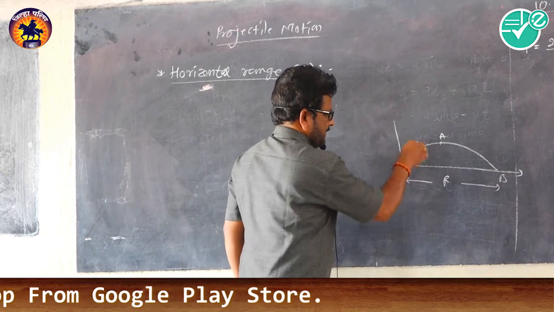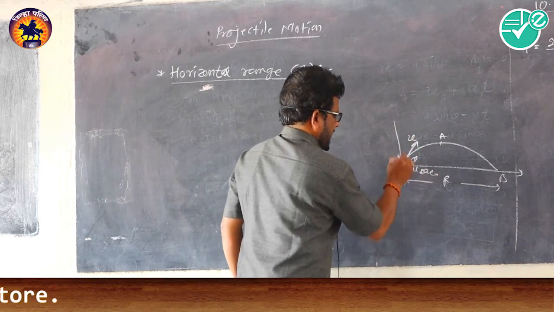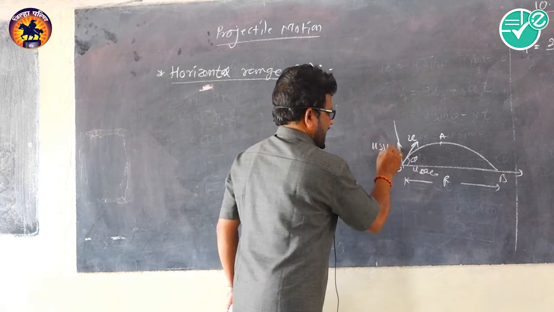The initial velocity is u at angle theta, so this is u cos theta, and this is u sin theta.